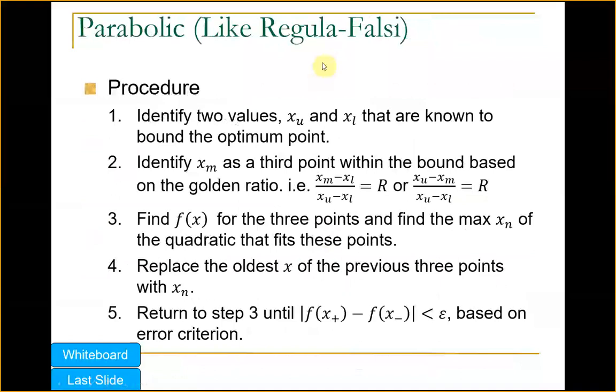And then there's another one called the regular falsi. And the parabolic is similar to regular falsi. So what I want you to appreciate is that the methods for optimization have analogies with the methods for root finding.